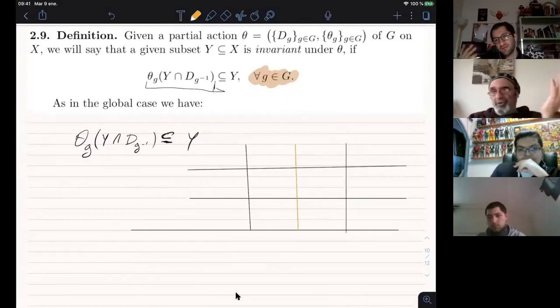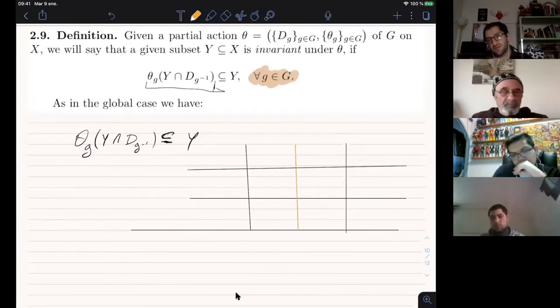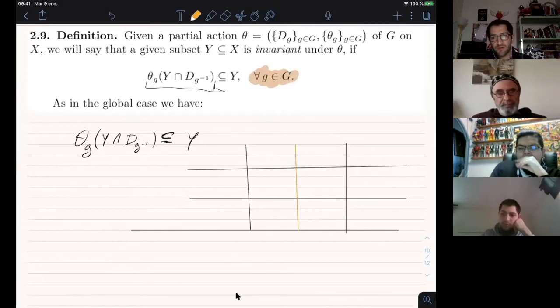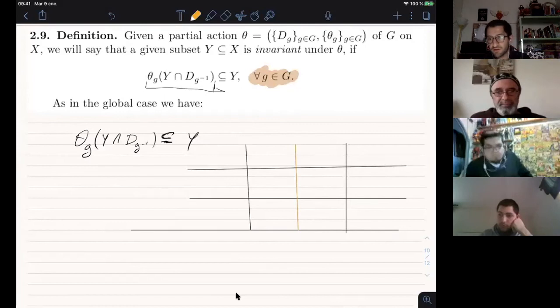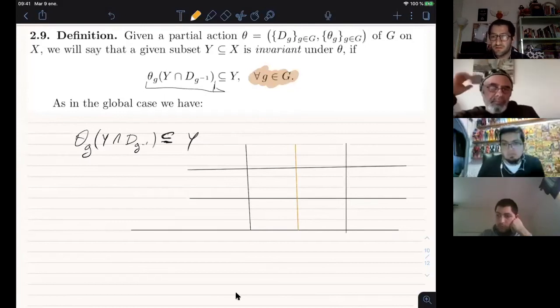In fact, I was thinking of an example that is just what you said. Here you can also define what is called an orbit. You can take an element and take the orbit of this element, and this is going to be invariant.